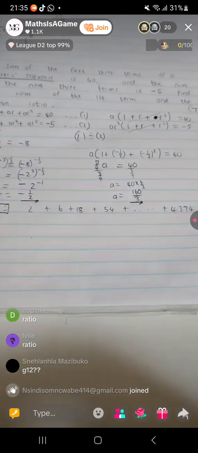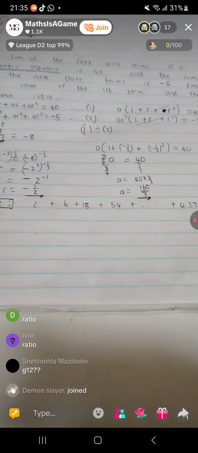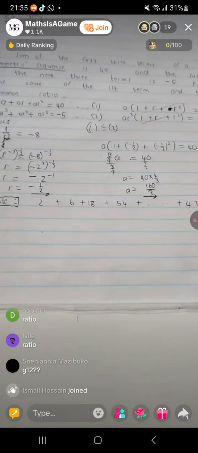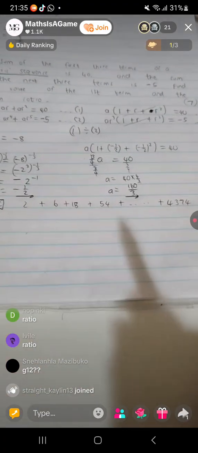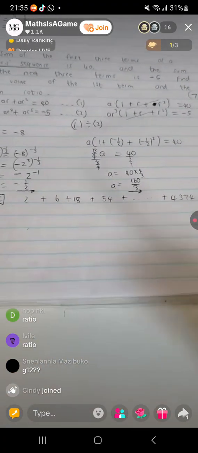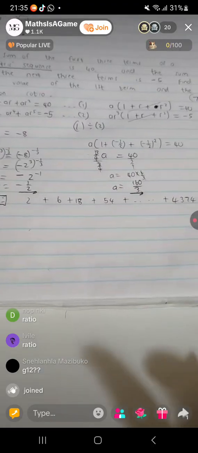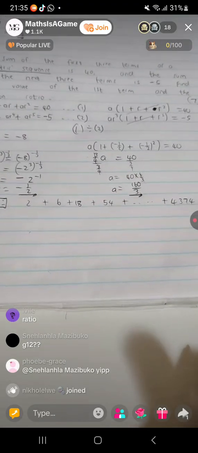If we already know it's a geometric series and we know what the ratio is, what formula do we use when we are calculating the geometric series sum?